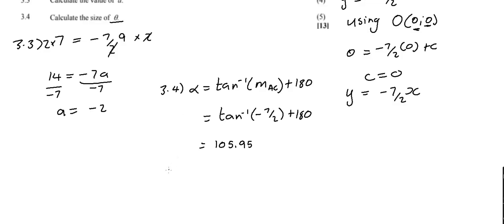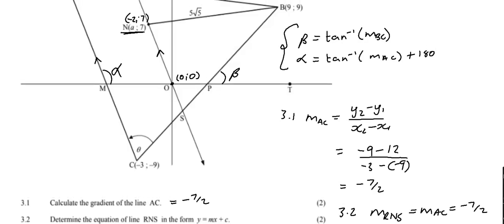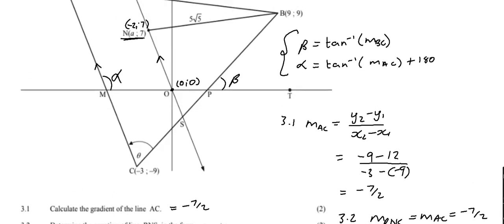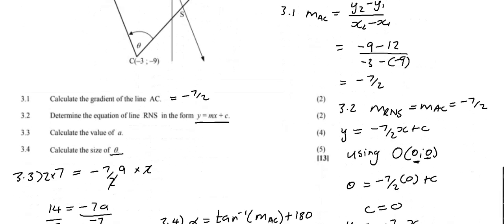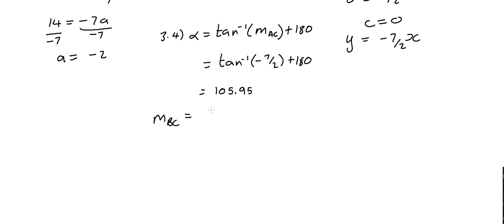Now to find beta, we have to first calculate the gradient of BC. Just like we calculated the gradient of AC, we say change in y over change in x. So I'm going to say 9 minus -9 over 9 minus -3.